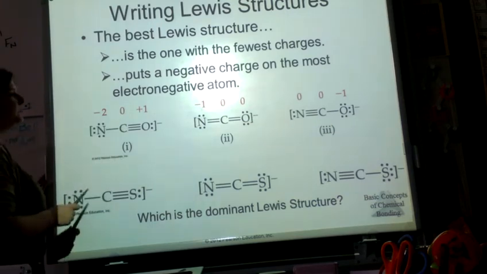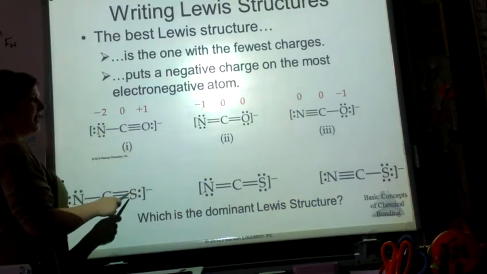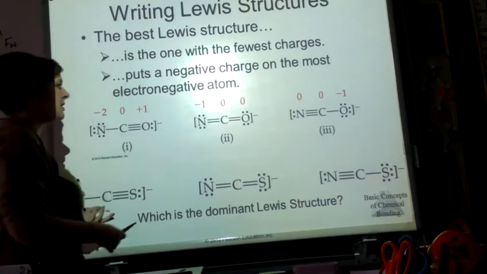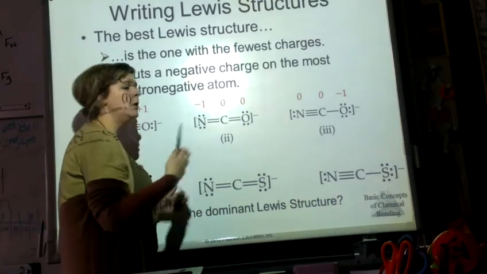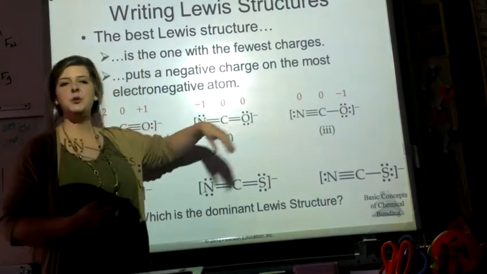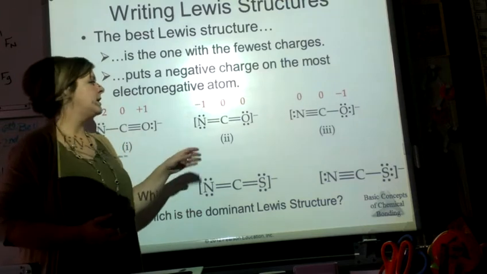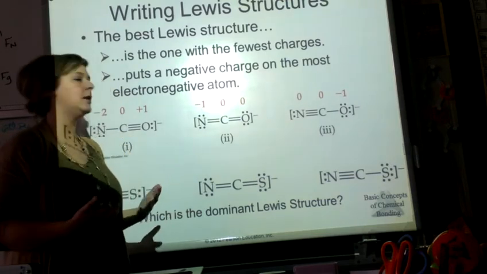On this first one, I have a -2 formal charge on the nitrogen and a +1 on the oxygen. Doesn't seem the best to me. On this one, nitrogen has a -1, but the others are 0. Well, oxygen is more electronegative than nitrogen, so this one also doesn't make the best sense, because if oxygen's more electronegative, it should be the one carrying a negative charge.